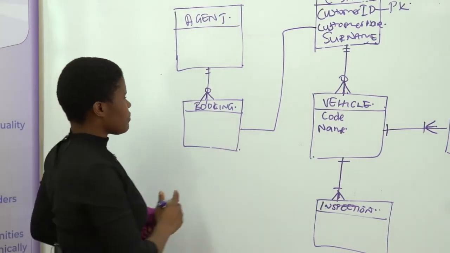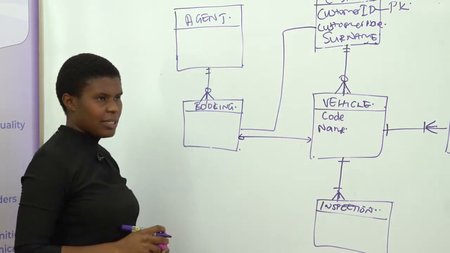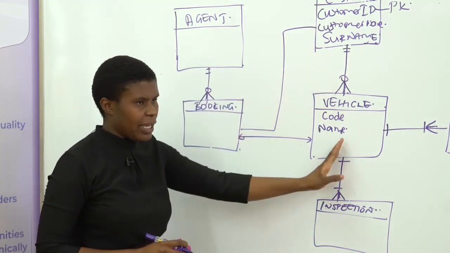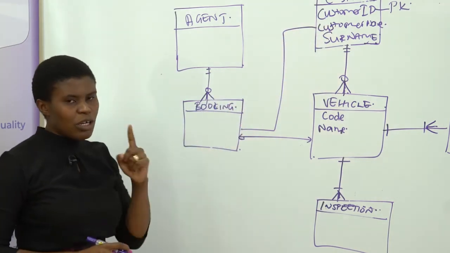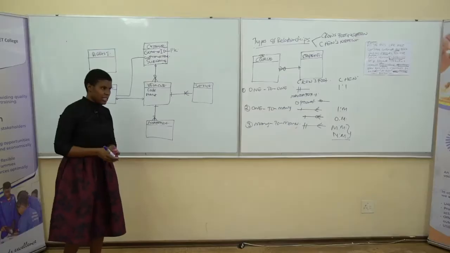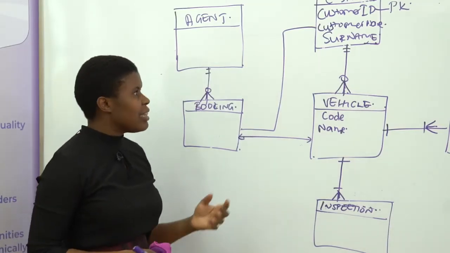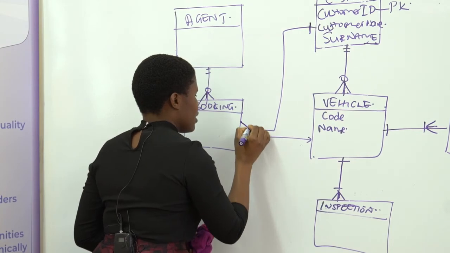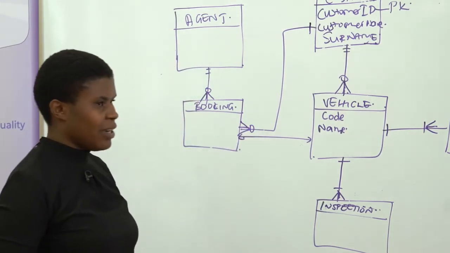Because from booking, you need to get a car. So you cannot usually use a bridge between this one and bringing it back. Because it's possible that as a customer, I'm coming to make a booking only to find that the car that I need is not there. Or I'm just here to inspect the cars around. That is why a customer can book many or no cars at all.